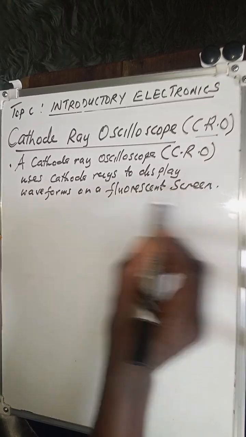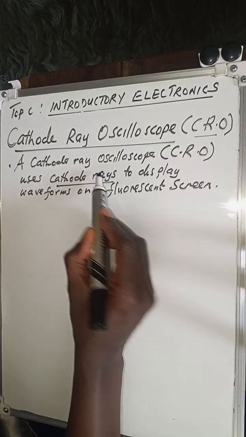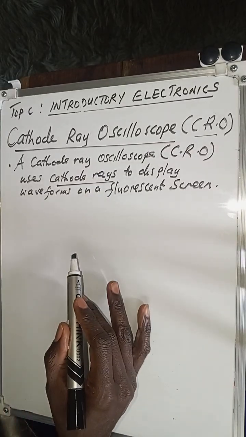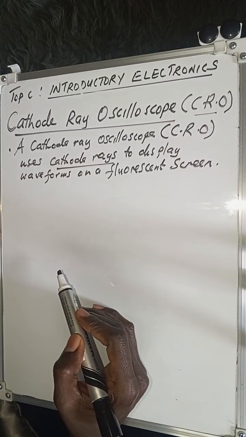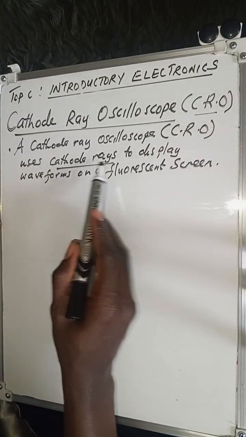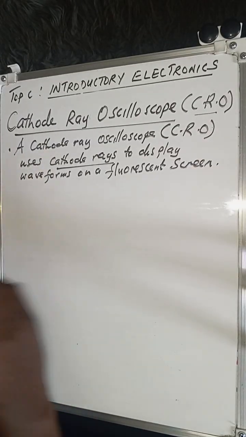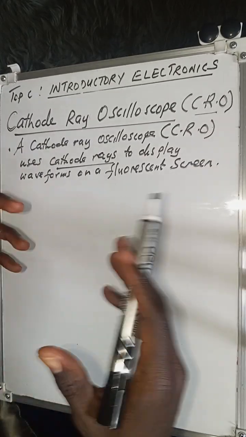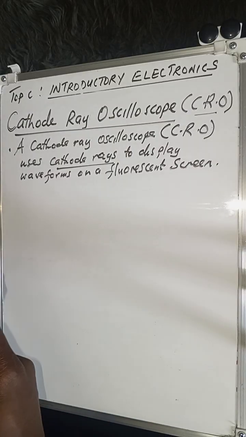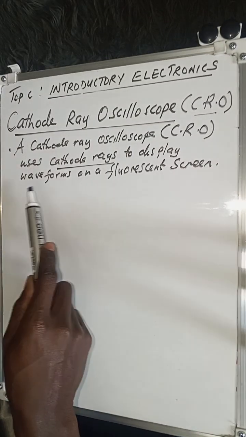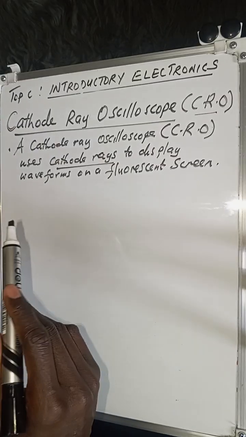So please, if you don't know what cathode rays are, you can go back to my previous video so that you are able to benefit from that. Cathode rays, as we talked about in the previous video, are simply a stream of negatively charged fast-moving electrons, used to display waveforms on a fluorescent screen.